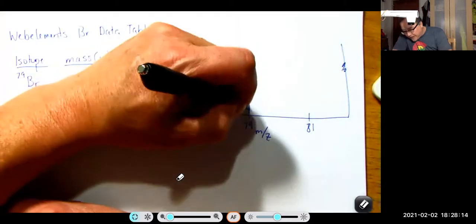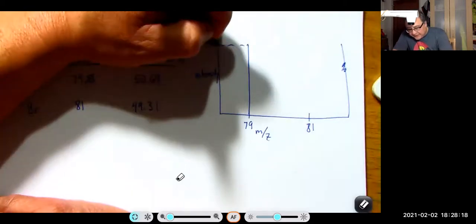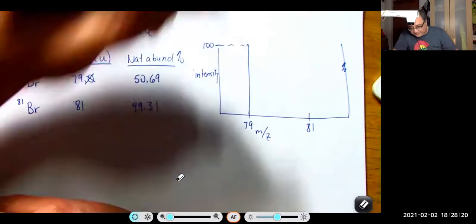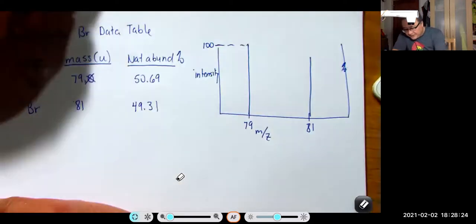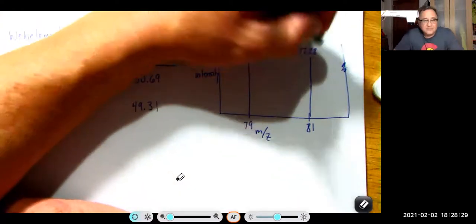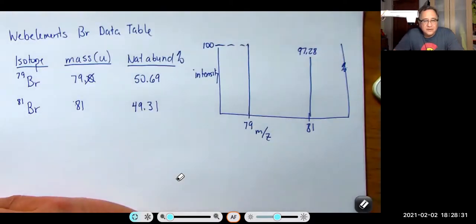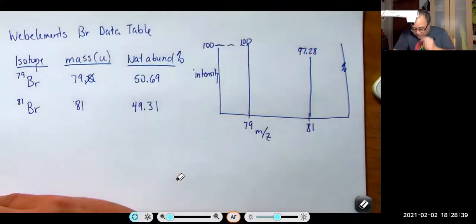The 79 for intensity is at 100. And the 81 for intensity is at 97.28. Okay, so this is 100 and this is 97.28.